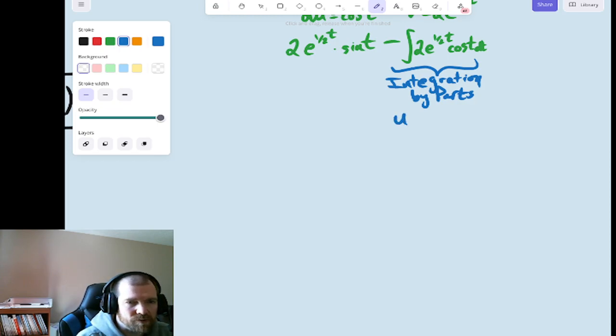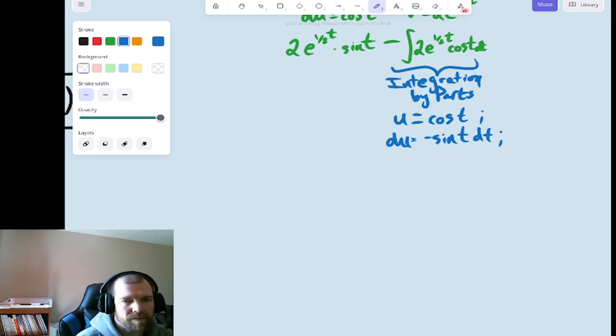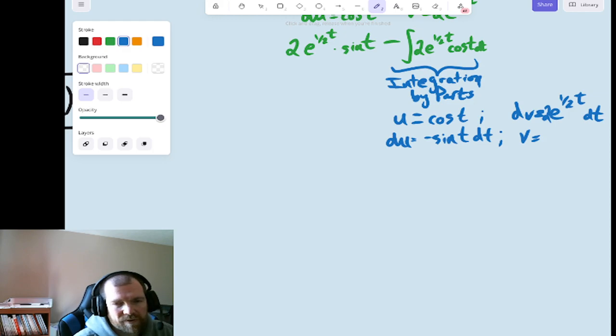So here, our u, we have to do the same thing that we did before. So this is going to be the cosine of t. Du is going to be negative sine of t dt. Dv is going to be the other bit, e to the 1/2 t dt. And we can stick the 2 in there so that we don't forget about it. And then v is going to be the same thing, another factor of 2 comes out front, so we get 4 e to the 1/2 t.